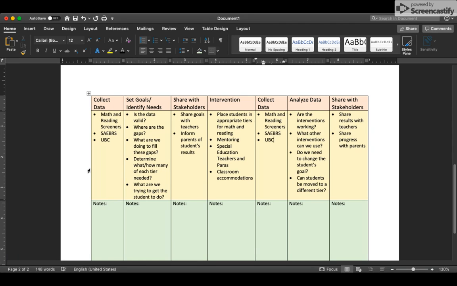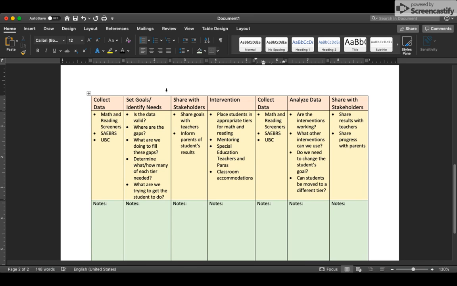For our GEI kiddos that need some intervention, we collect data on their UBC card, their Universal Behavior Card, just 0, 1, or 2, to see how the kids are doing in class. The next step is setting goals and identifying needs. I think it's important to determine whether the data is actually valid.